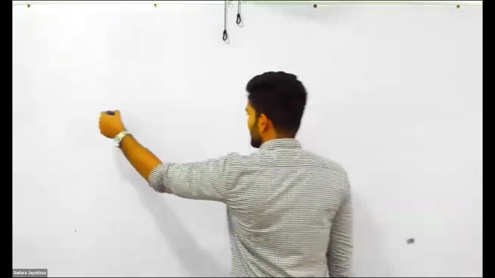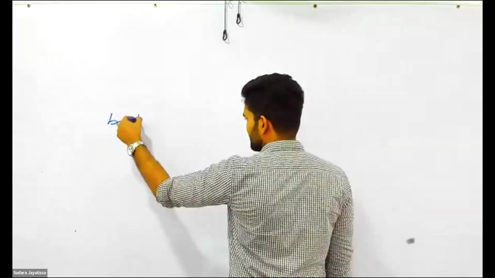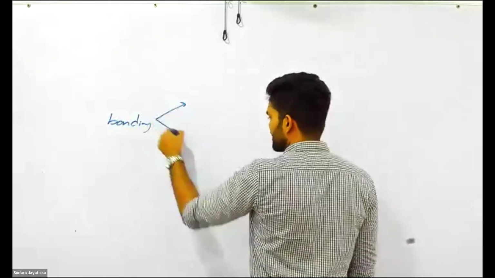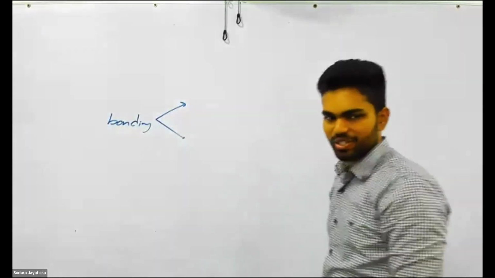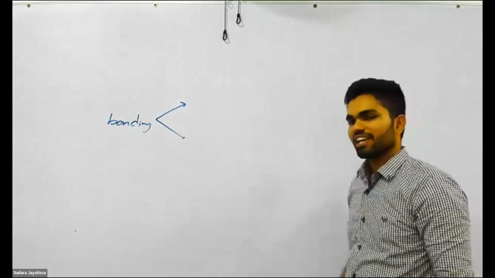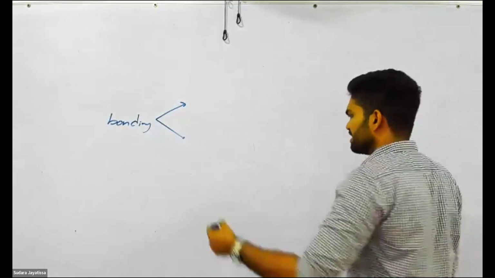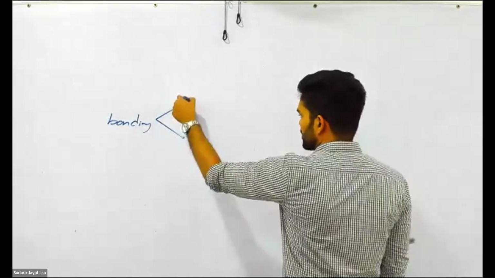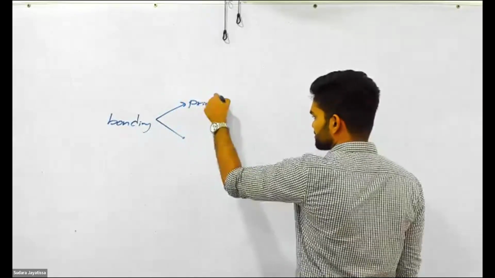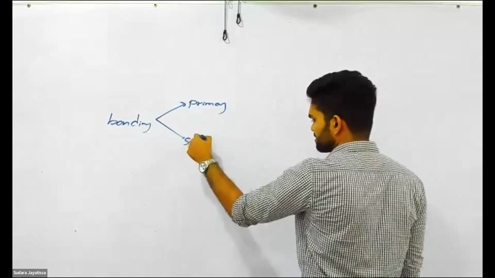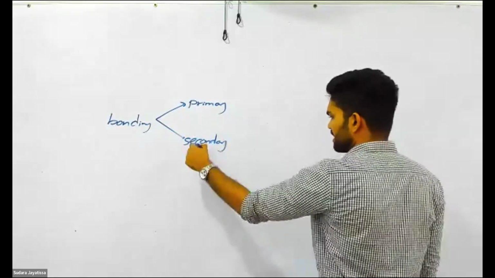So we divide that bonding unit into two main areas, just like we did for the atomic structure unit. In the atomic structure unit we also divided into atomic models and periodic properties. Like that, this is divided into primary interactions and secondary interactions.